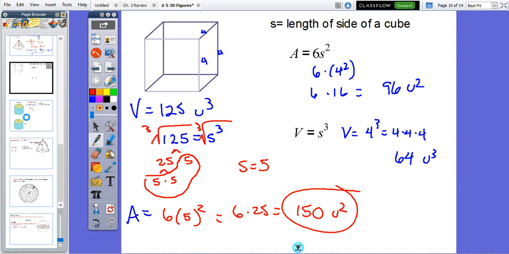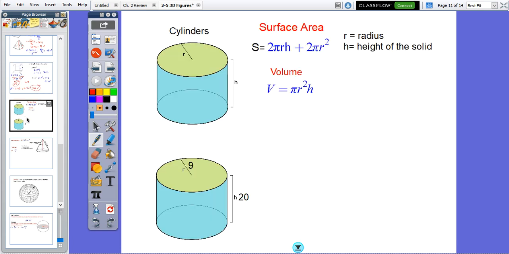Let's look at our cylinder here. So the formula of a cylinder is very similar to that of a prism, except we have to compensate for the roundness. But the idea behind it is the same. We're still taking the perimeter times the height plus 2 times the area of the base. But the perimeter is a circumference, so we use 2 pi r.